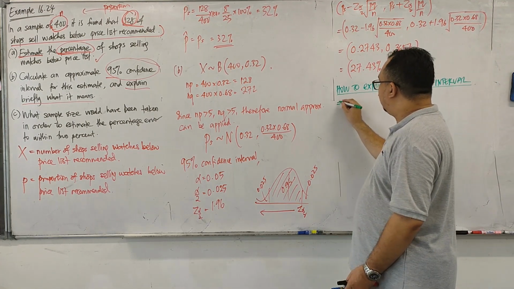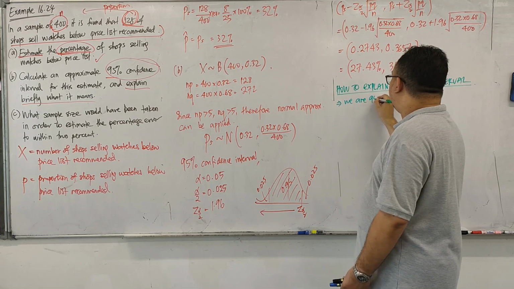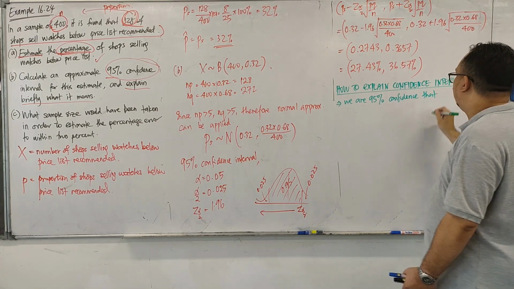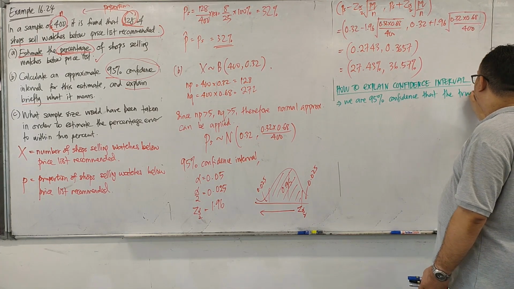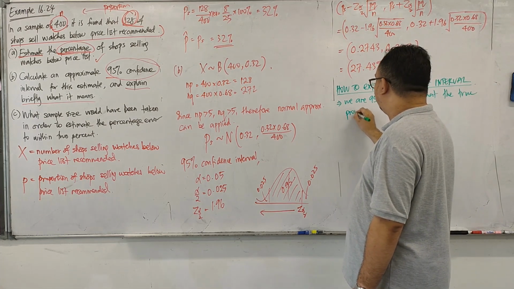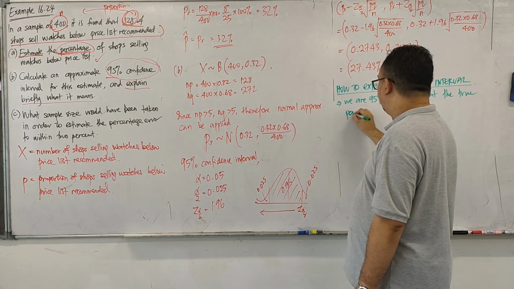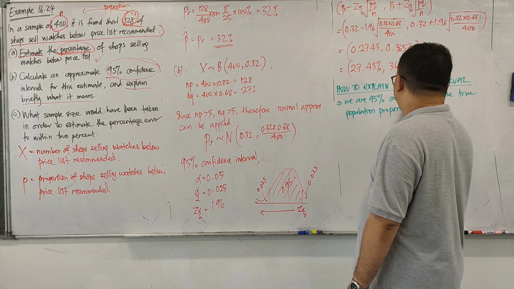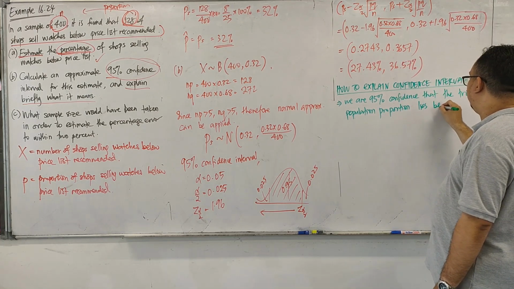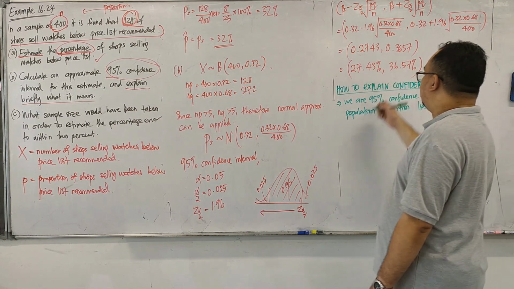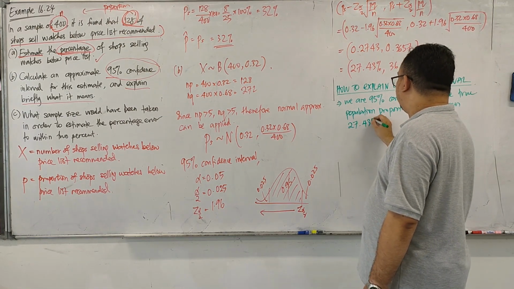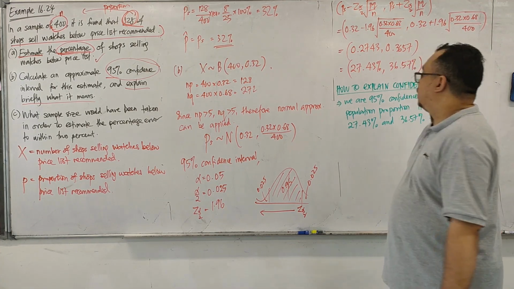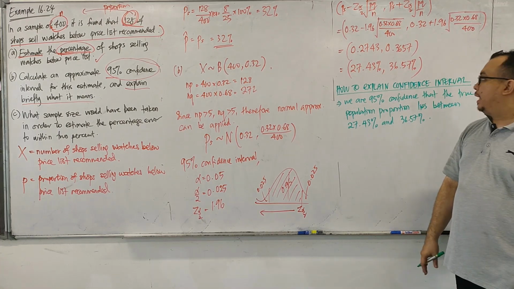Okay, so saya boleh tulis we are 95% confident that the true population proportion lies between this one and this one, 27.43% and 36.57%. So inilah cara untuk awak explain what do we mean by confidence interval.